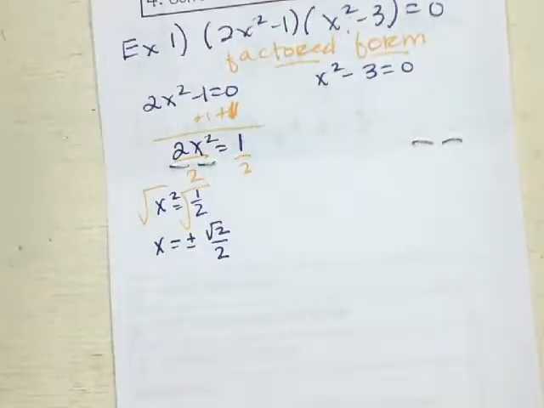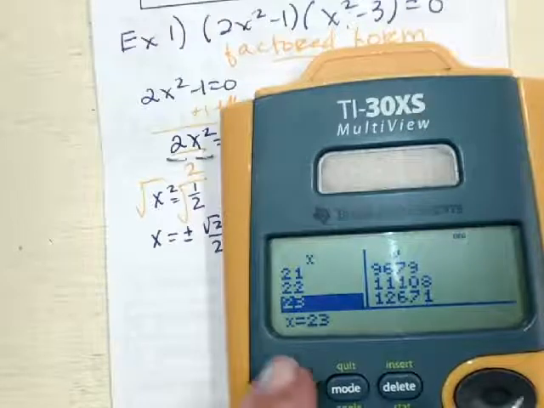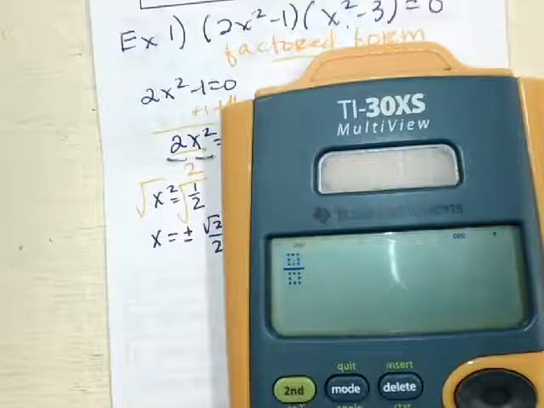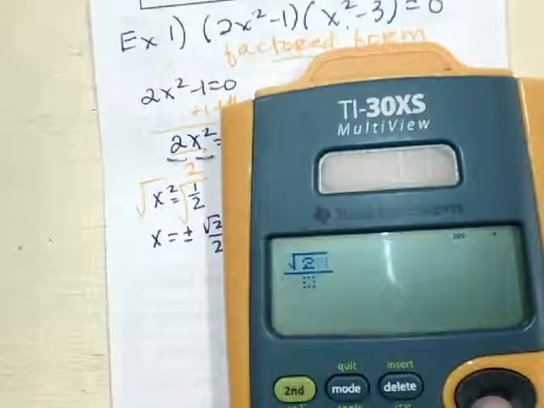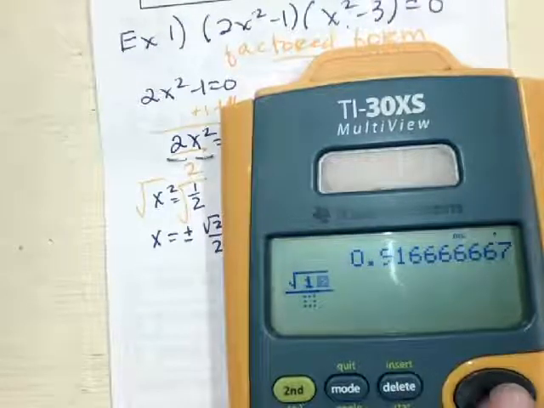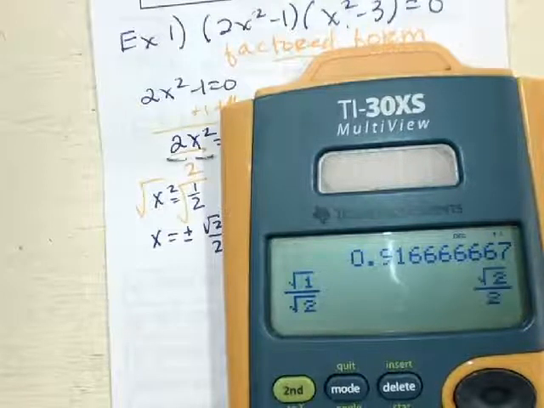I'll show you real quick in case you have forgotten from yesterday how we do that. If you've got a fraction, you're going to go to the fraction mode first, and you're going to type in the square root of 1 over the square root of 2, and we get the square root of 2 over 2.